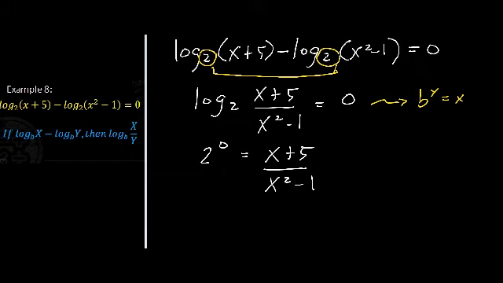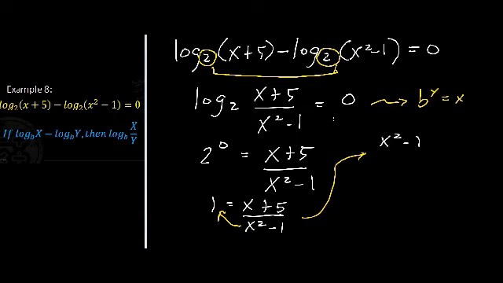So simplify, 2 to the 0 power is equal to 1 is equal to x plus 5 over x squared minus 1. So we will do our cross multiplication. So multiply x squared minus 1 times 1. And that will give us x squared minus 1 is equal to x plus 5.